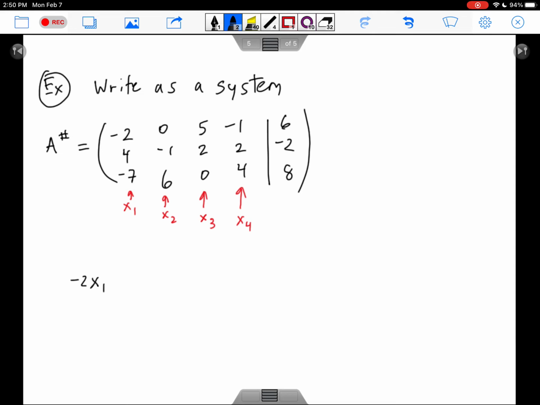Then let's write down what the equations would be. The first equation would be -2x1. There are no x2s, so we could skip that. So plus 5x3 minus x4 is equal to 6. That's your first equation. Then we've got 4x1 minus x2 plus 2x3 plus 2x4 equals -2.